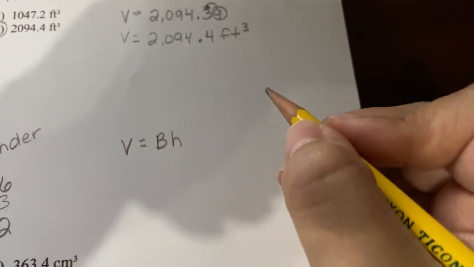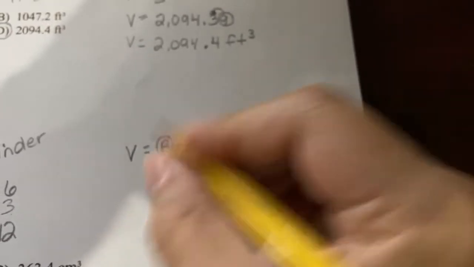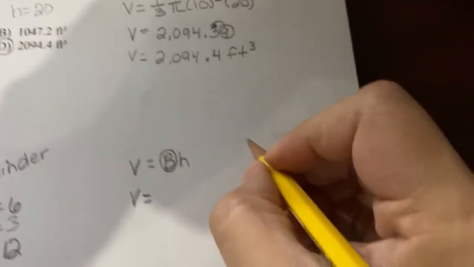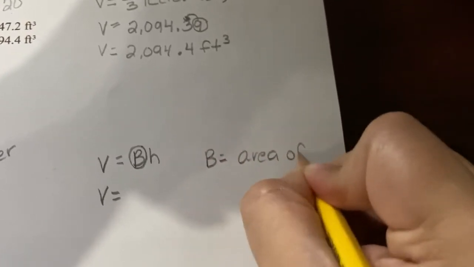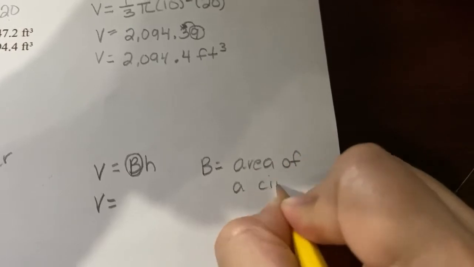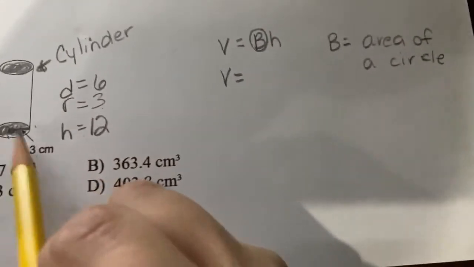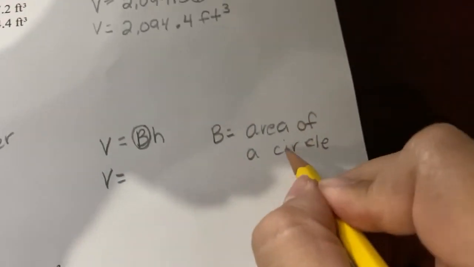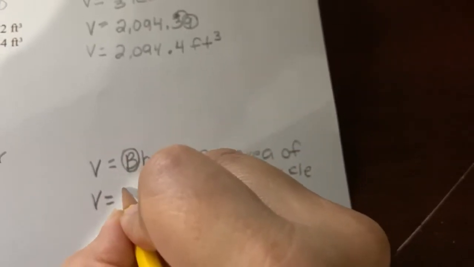Okay, and so once I do that, I'm going to again translate that capital B. Again, that capital B stands for area of a circle, because that base is a circular base. So I'm going to go ahead and translate. I'm not changing the formula. All I'm doing is translating that capital B to area of a circle.